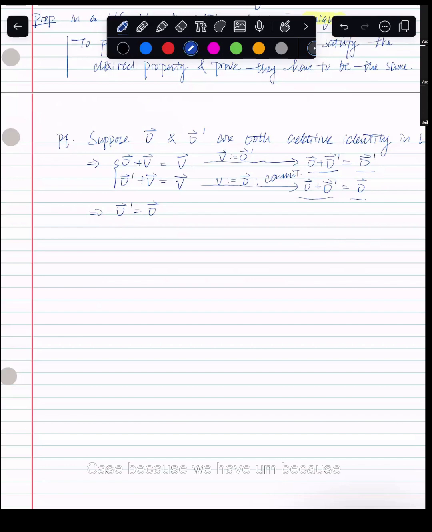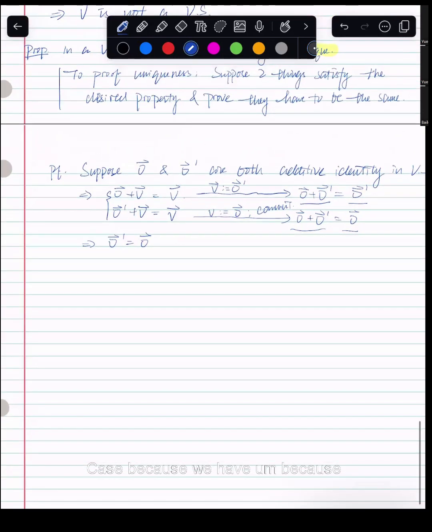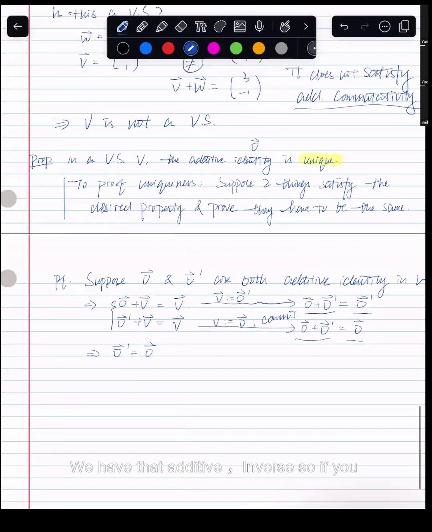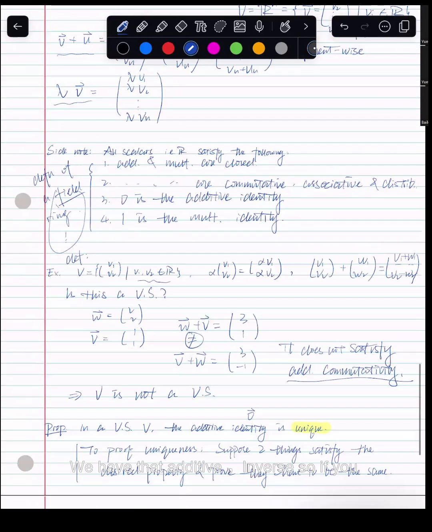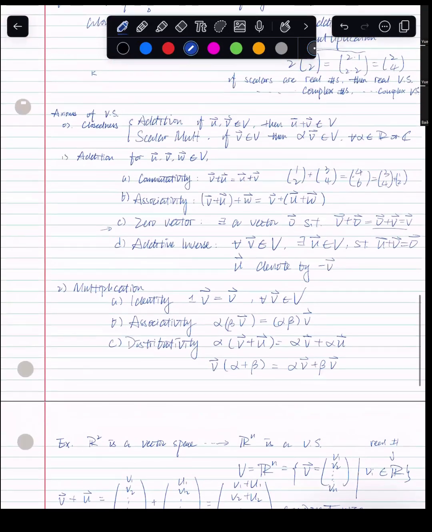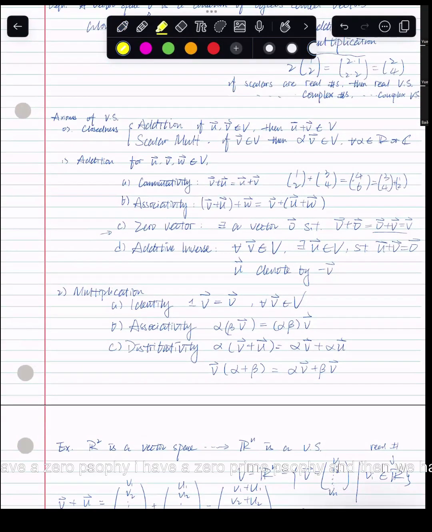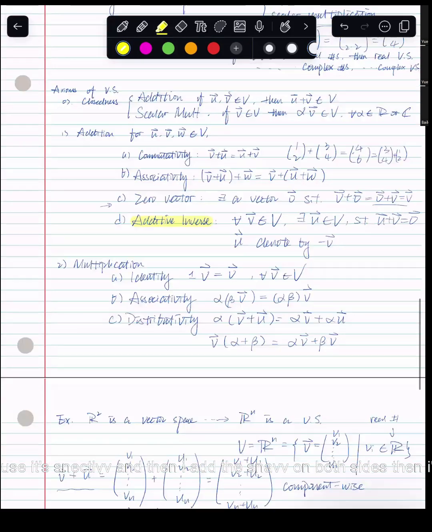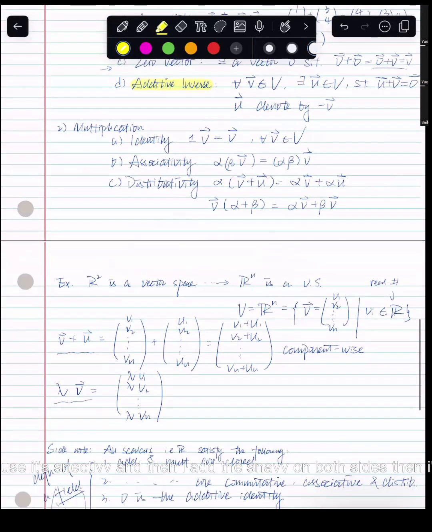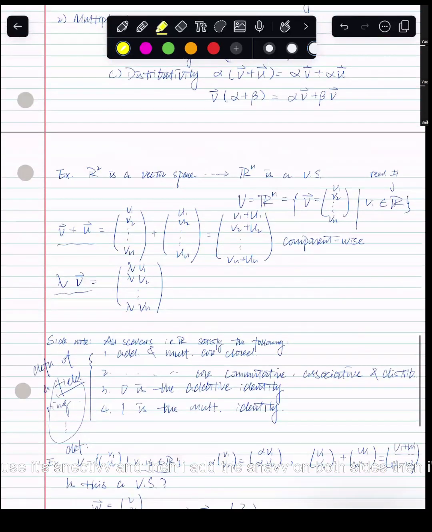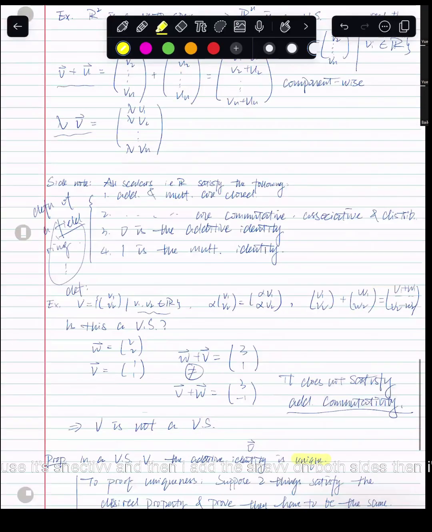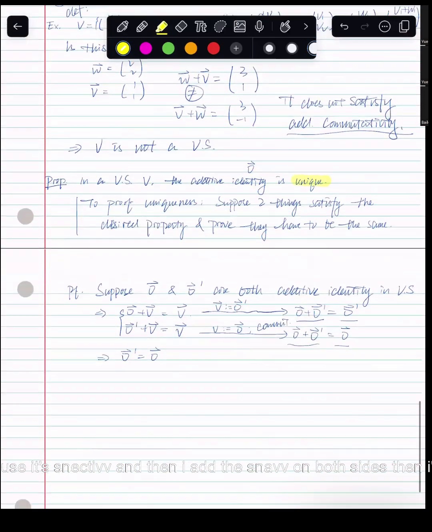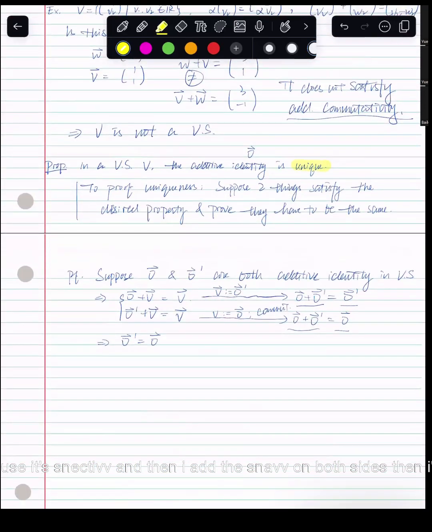I guess you can in this case because we have that additive inverse. So if you talk about, okay, I have a 0 plus v, I have a 0 prime plus v, and then v has an additive inverse, it's negative v, and then I add this negative v on both sides.